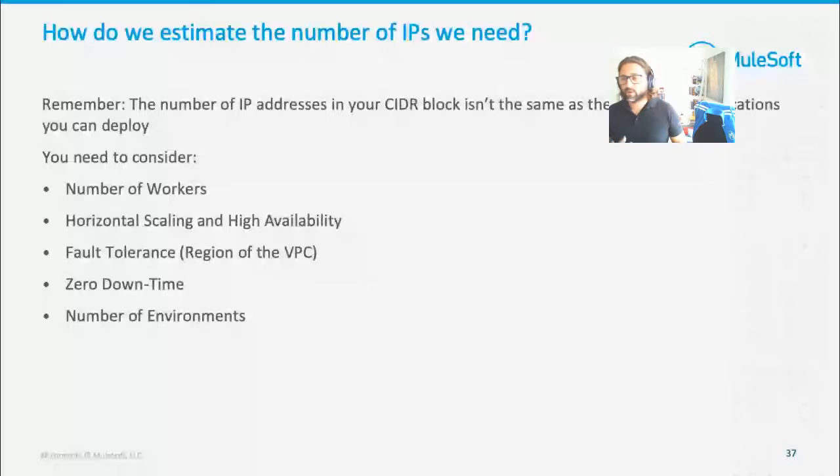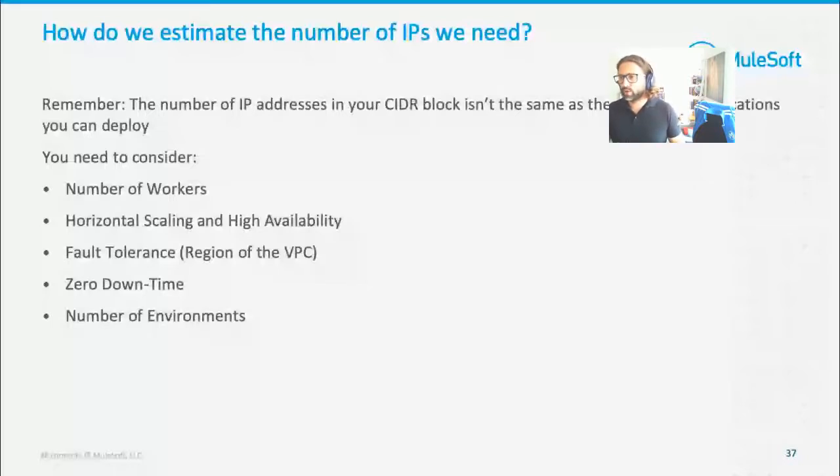Another aspect you need to consider is fault tolerance in the region of the VPC. As we were saying, the Mule VPC will be created at the region level, and it will be spanned across all the availability zones. If we want to provide fault tolerance for an eventual downtime of an availability zone, we need to provide as many workers as availability zones you have in that region.